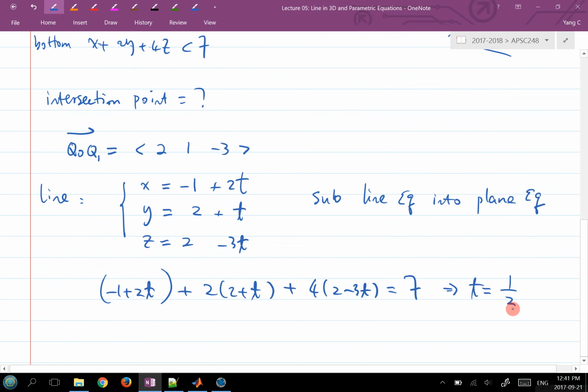And then sub the t value back into the line equation. So that will be the intersection point coordinates. So we end up with the intersection point 0, 5 over 2, 1 over 2. So that's the answer for this question here.